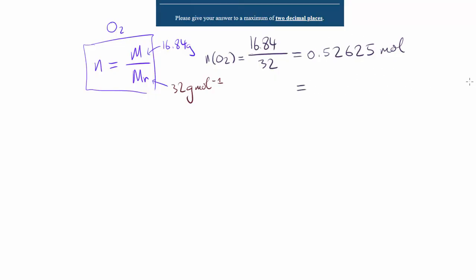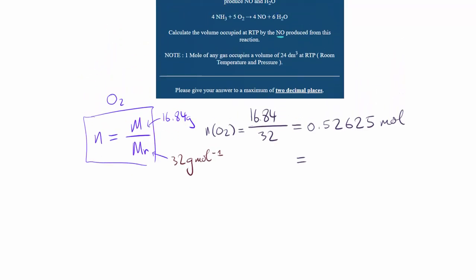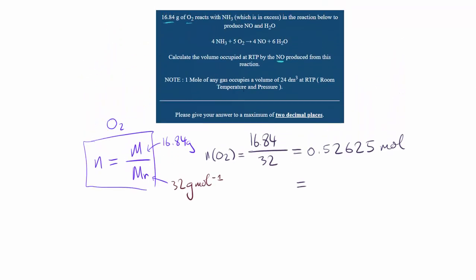Now that we've got that value, I'm going to look at the balanced equation. We've got the oxygen, so it's 5O2, and we've got the nitric oxide.